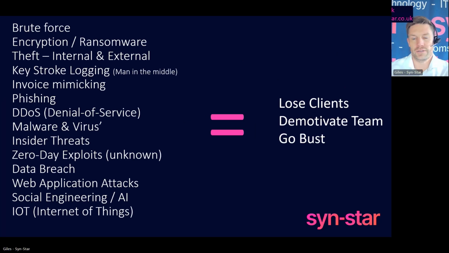The main things that are out there, and it's well worth doing a screenshot of this slide, because these are the main ways that people are going to be able to get into your network, whether they're going to hack your individual machine, hack the main servers, any which way. These are the main things.